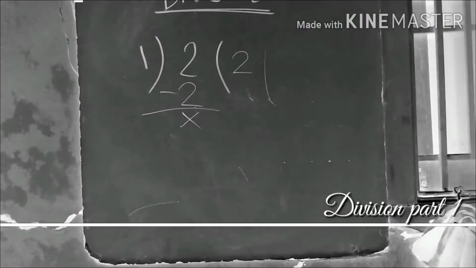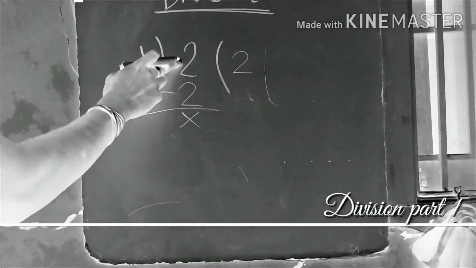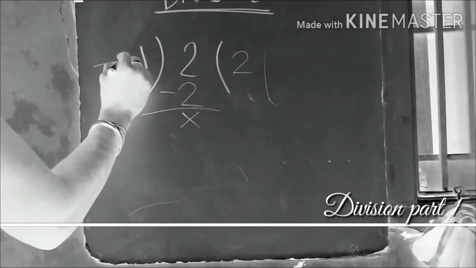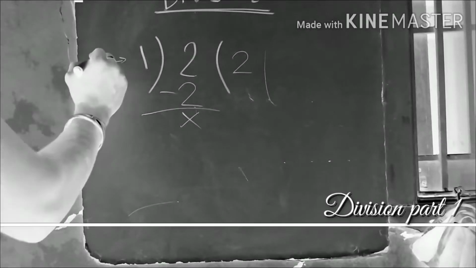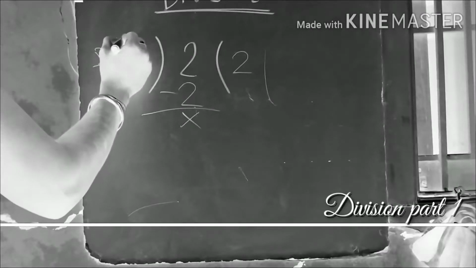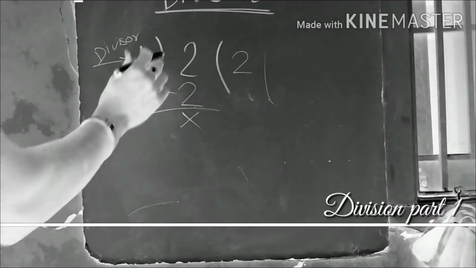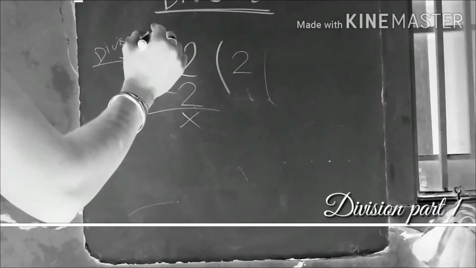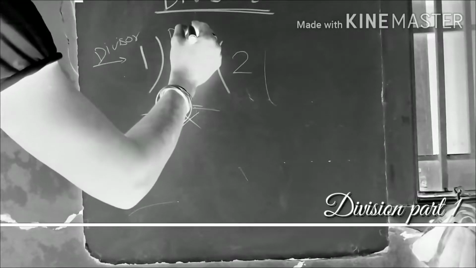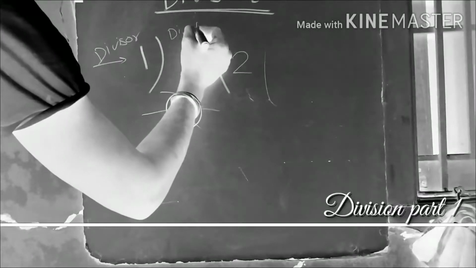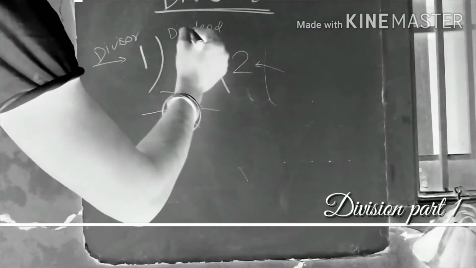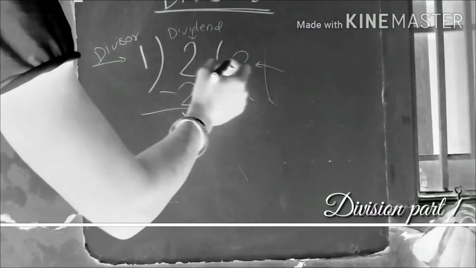Now, what is this and this? This is known as the divisor. This is the dividend. This is the quotient.